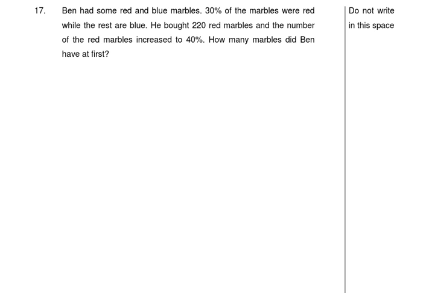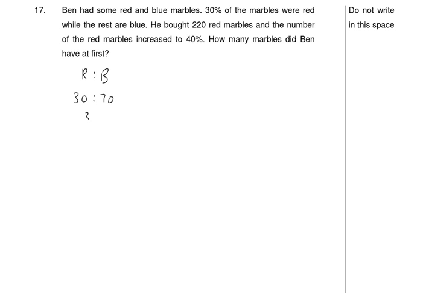Really simple. Okay. Now, tell me what's the ratio of the number of red to blue marbles, Ernest? 30 is to 70, or in simplest form 3 is to 7, right? Correct or wrong?